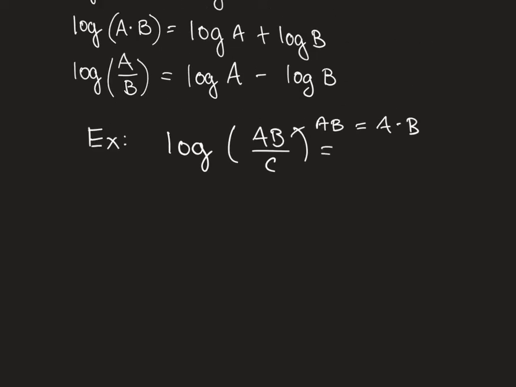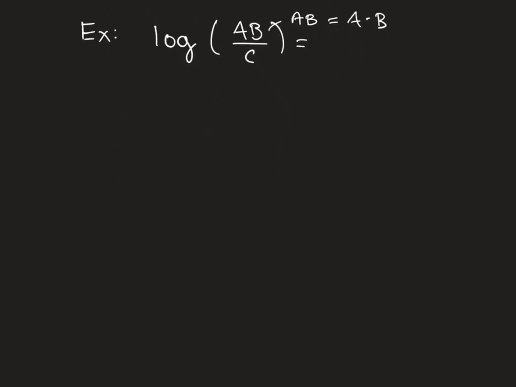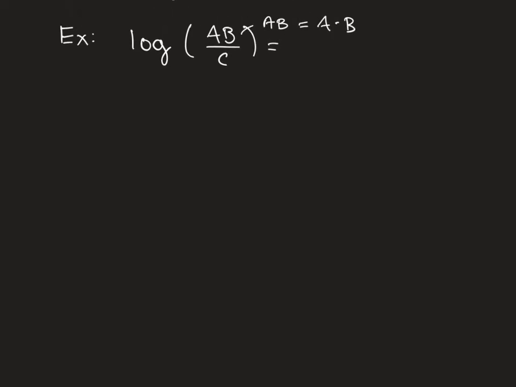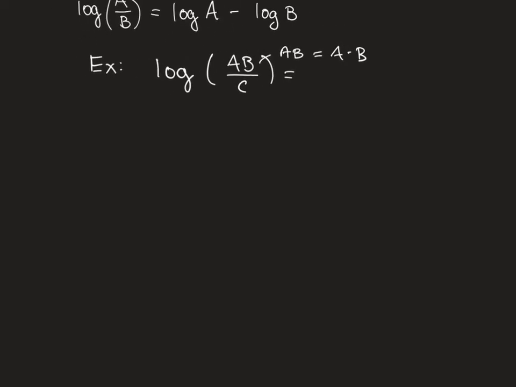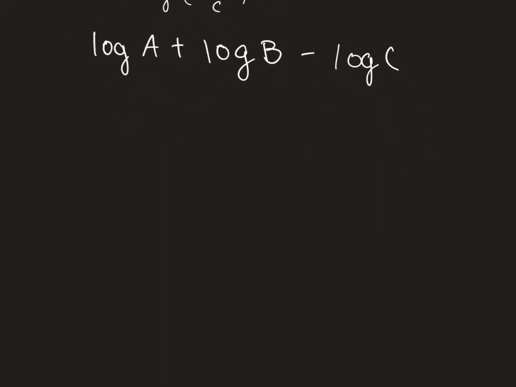So if you look back at your properties, log of A times B is log of A plus log of B. So if you're looking at the problem, log of A plus log of B. Okay, and now with C, it's division. You're going to subtract log of C. That's it. That's example one.